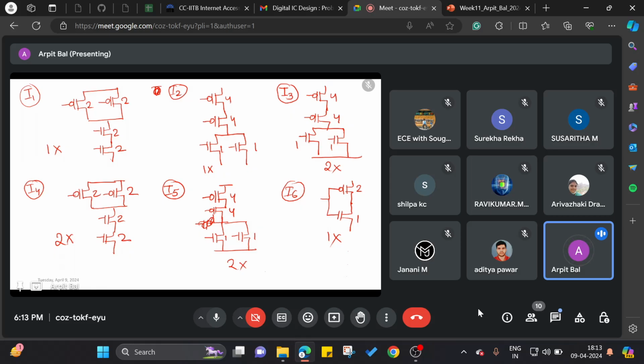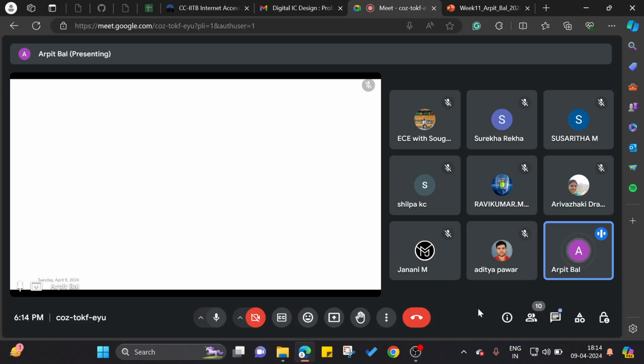Whatever values we have mentioned here are actually for a gate with a drive strength of 1x. Let's say for I4, the diagram that I have drawn is for drive strength of 1x, but I have denoted that this has to be used for 2x. Accordingly we need to make the adjustment while solving the question. Okay, let's start solving the question.